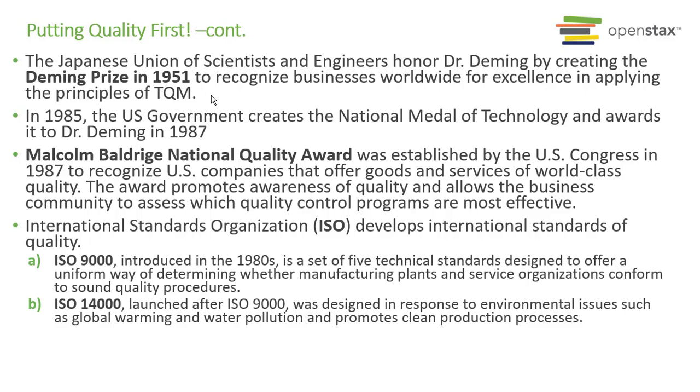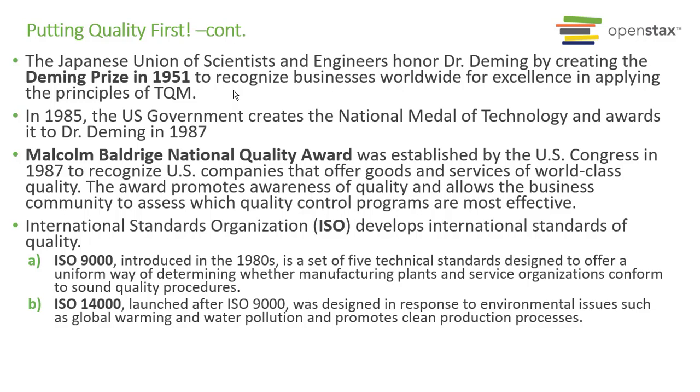And you know all these companies, Toyota, Honda, all these Japanese companies that you're familiar with, he was involved with them. In 1951, in recognition of all that he did, the Japanese Union of Scientists and Engineers honored Dr. Deming by creating the Deming Prize to recognize businesses worldwide for excellence in applying TQM. So that was in 51.